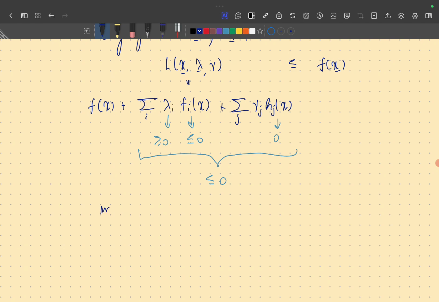So what can I say about the infimum? Again, this is for constrained minimization. So the infimum over all x within the constraint set of L of x, lambda, nu is less than or equal to the infimum over all x that satisfies the constraints of f of x, which is p star.